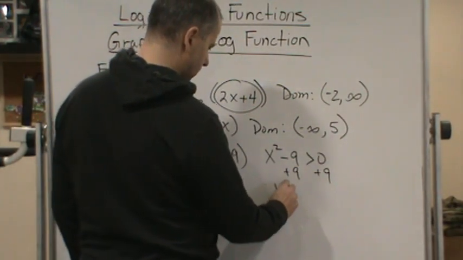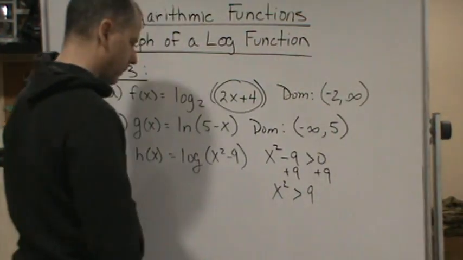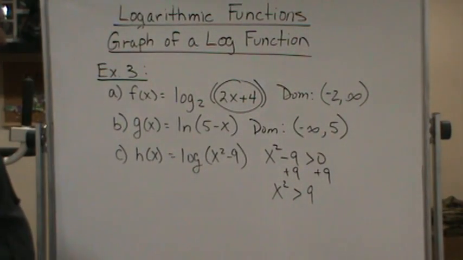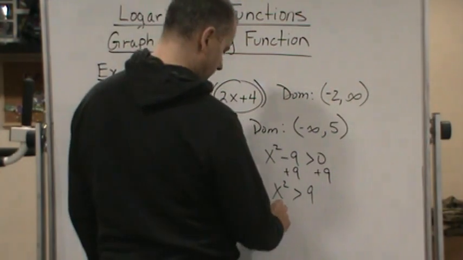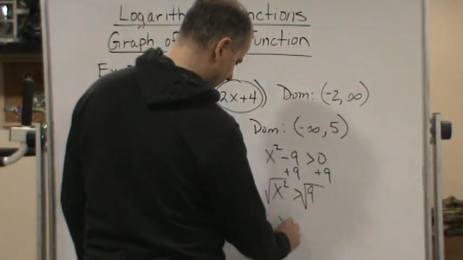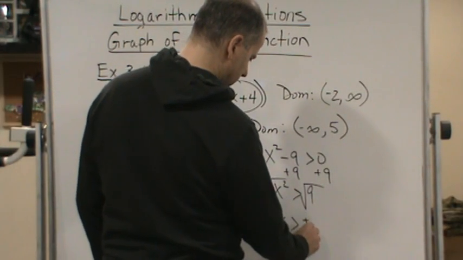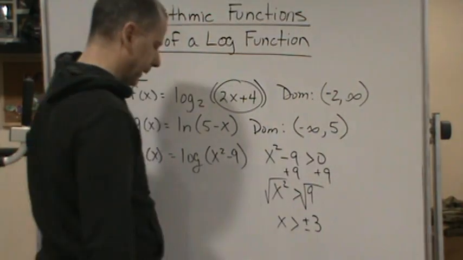And so I get x squared is greater than 9. Okay? Now, in this case here, I'm going to take the square root of both sides. So if I take the square root of both sides, I get x is greater than plus or minus 3.